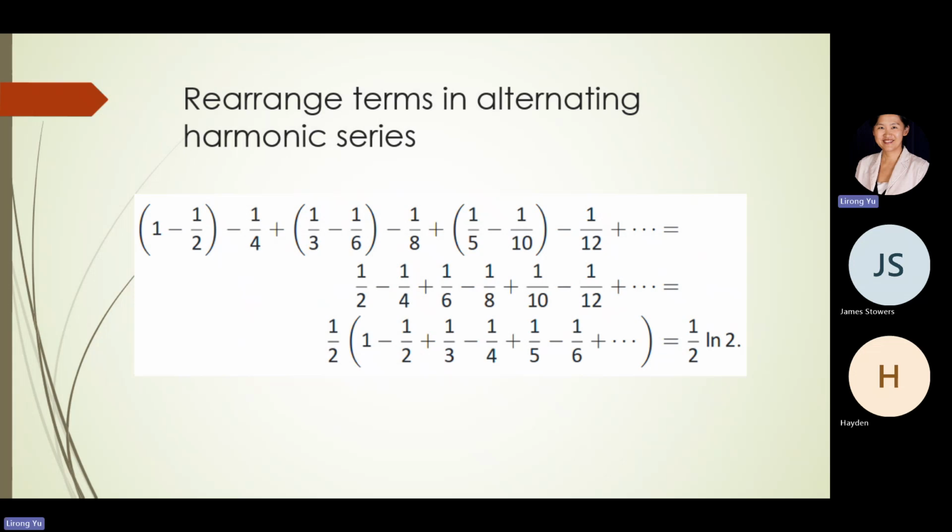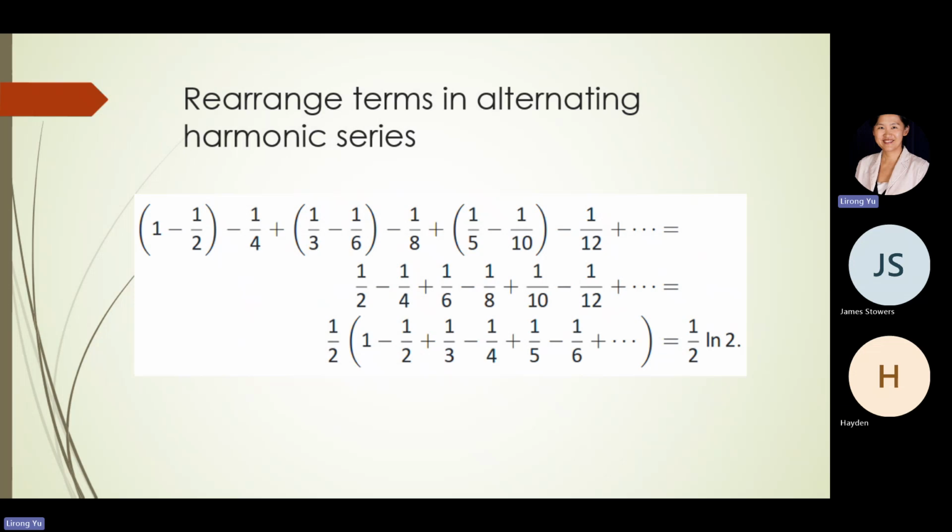So this is how you rearrange it. It becomes this, and then factoring out the common factor, it becomes 1/2 of the original harmonic series. We know the original harmonic series has a sum of natural log 2. That means this actually equals this. But that was a rearrangement of the original series. That's kind of counterintuitive, because that was the original harmonic series.